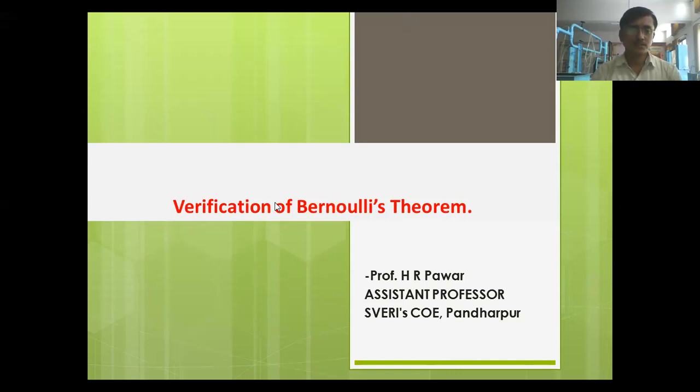And here in this browser, we will put the search key as fluid mechanics virtual lab. After clicking here, you can see there are 2-3 websites at the top. Sir, browser is not visible.